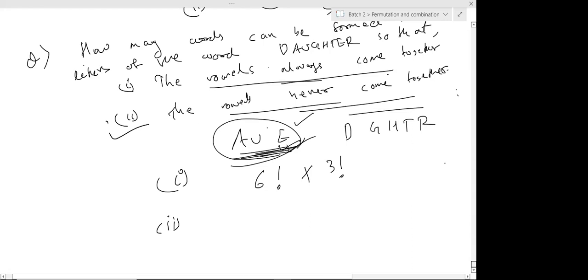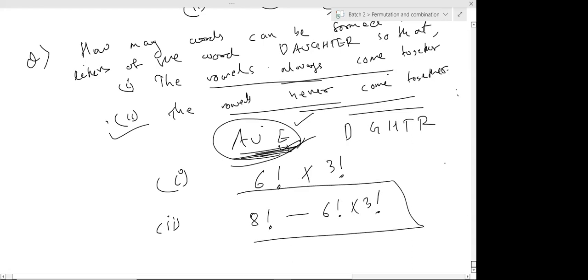So total arrangements are, how many letters are there? 3 plus 5, 8. 8 factorial, right? Minus, if I do this, 6 factorial into 3 factorial. This is the answer where the vowels are never together. Is it clear, Shafullah? Yes, sir. Rahman, Mazia, Peer, I hope it is clear.